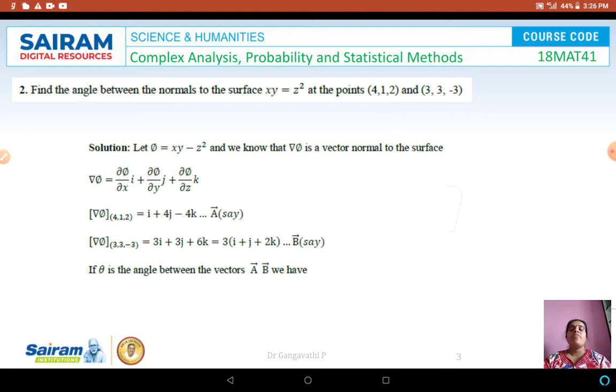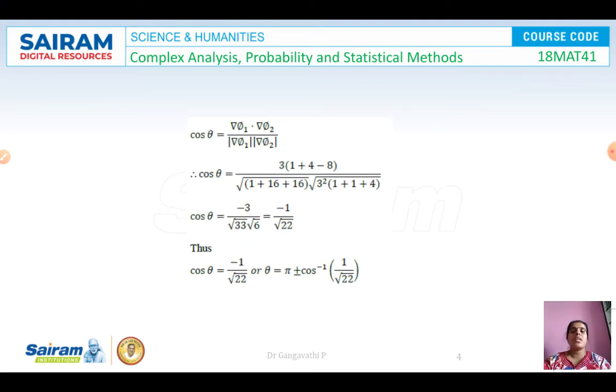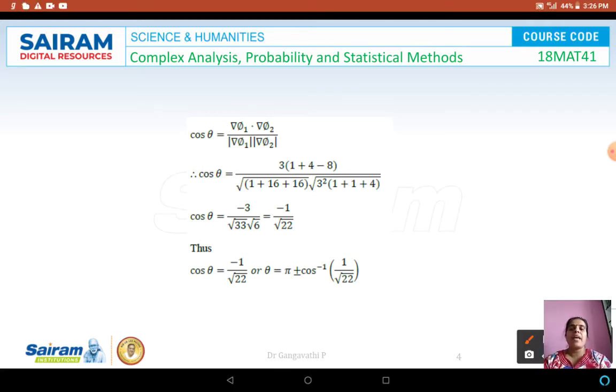So now we can find the angle between vector a and vector b by using the formula, which is cos theta is equal to grad phi 1 dot grad phi 2 by modulus of grad phi 1 into modulus of grad phi 2. We have taken grad phi 1 as vector a.